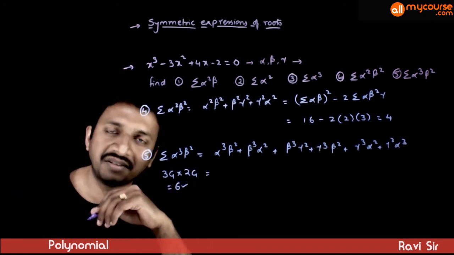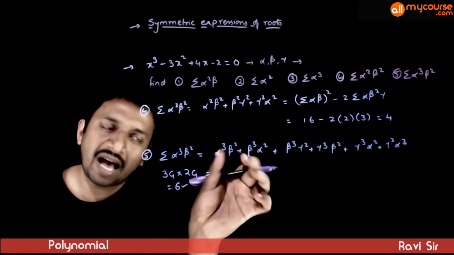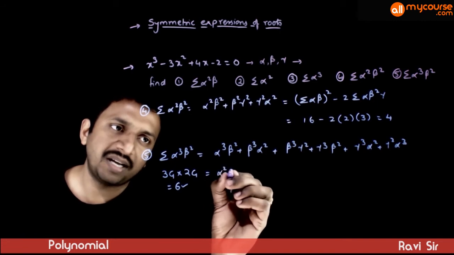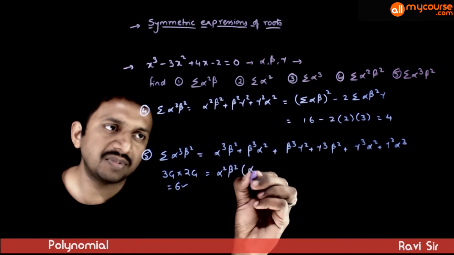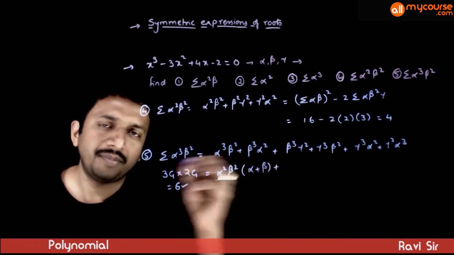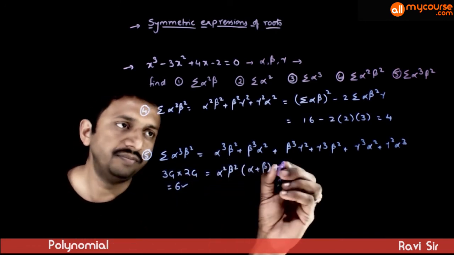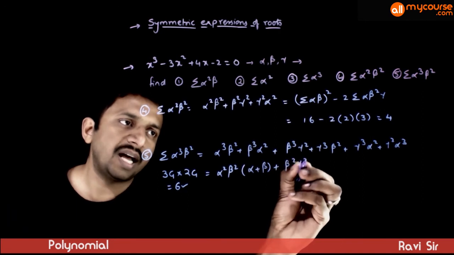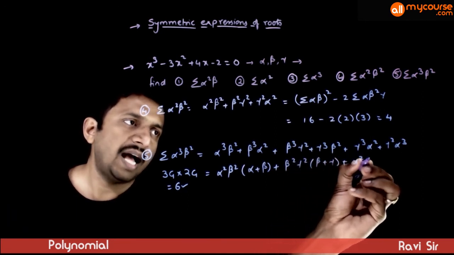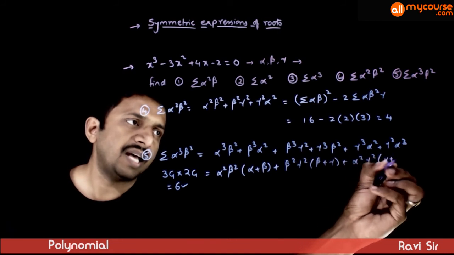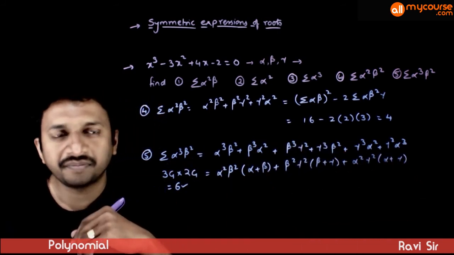So how do we add this? You can take alpha square beta square as common. So alpha square beta square times alpha plus beta, plus beta square gamma square times beta plus gamma, plus alpha square gamma square times alpha plus gamma.